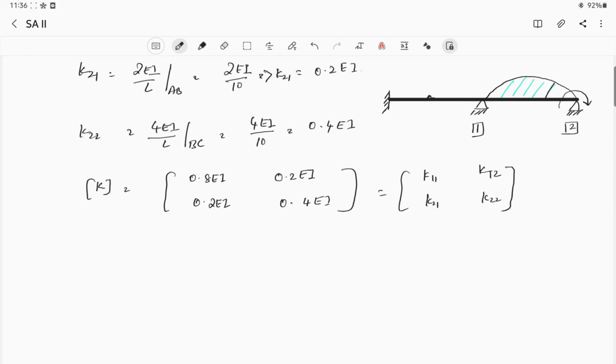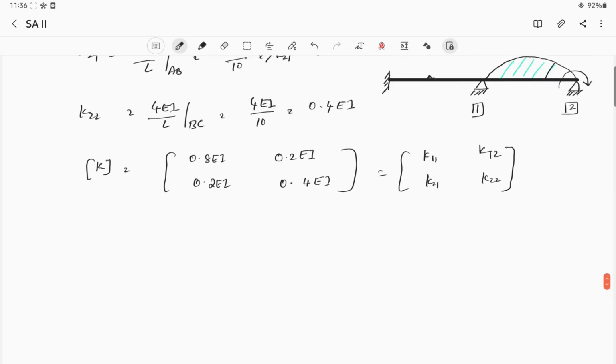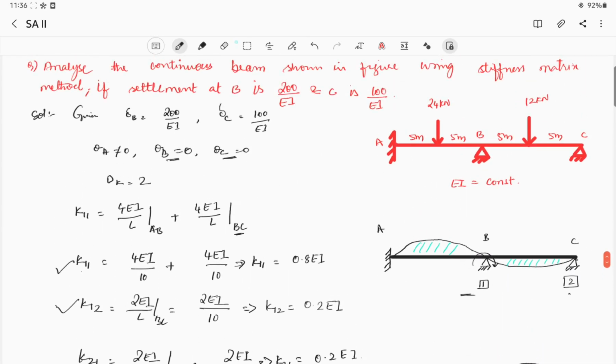How to calculate fixed end moments? Fixed end moments calculation is very simple, right? We have done it many times in our previous classes.